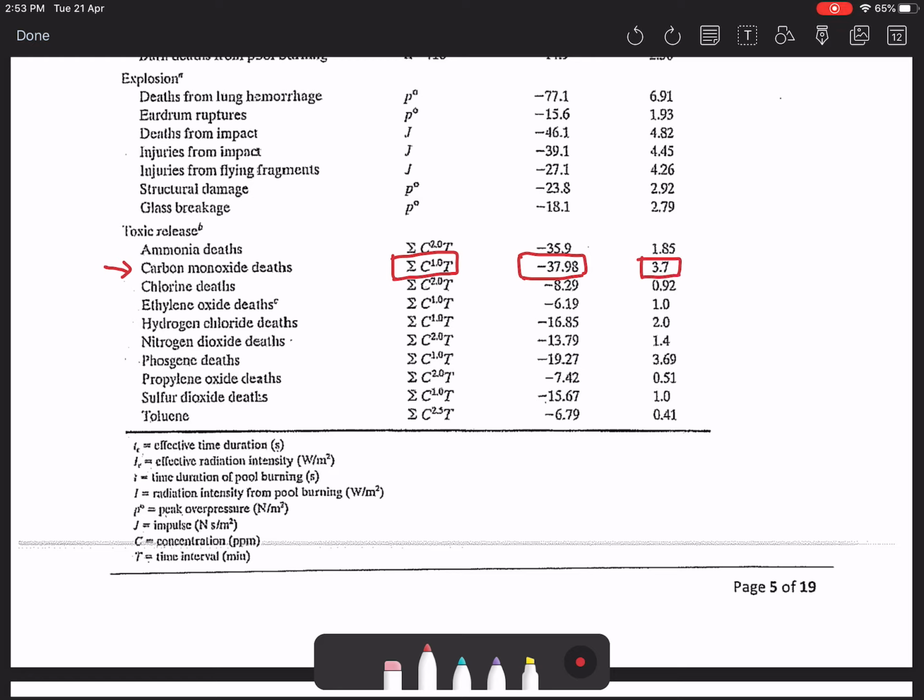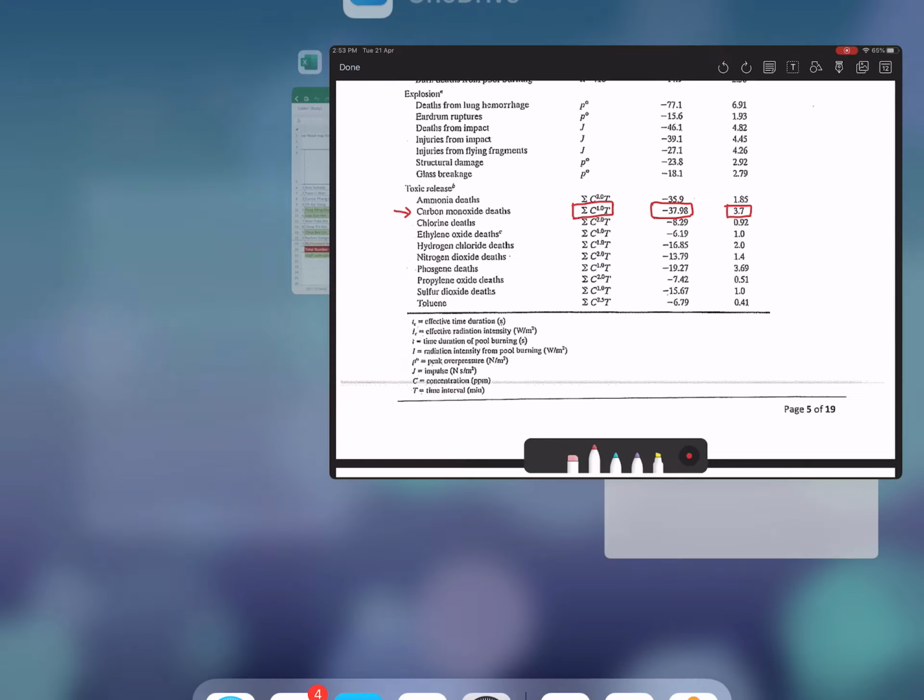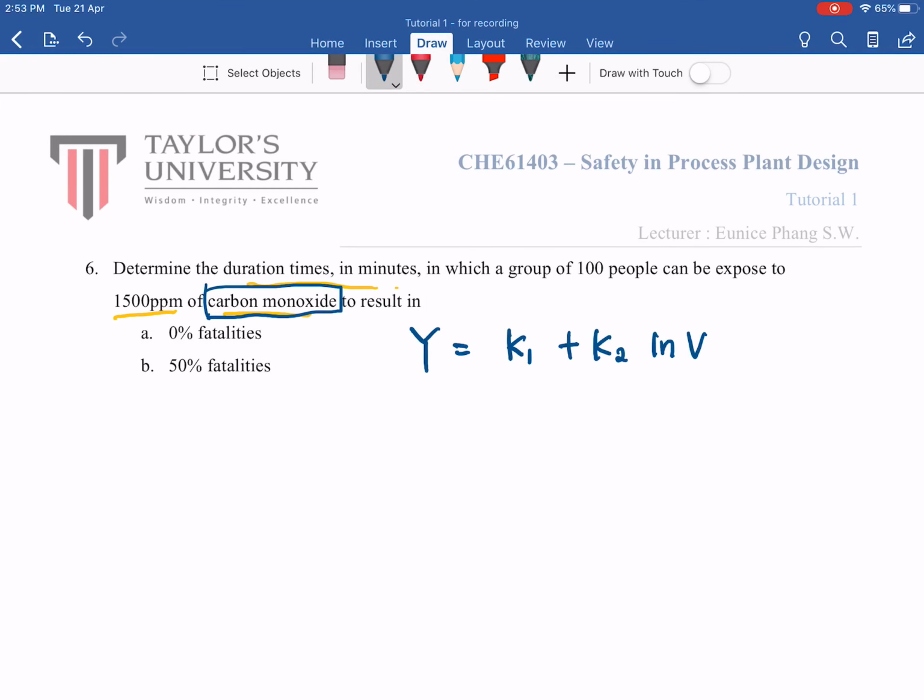So let's translate all this data back to the formula. So we have Y equals negative 37.98 plus 3.7 ln CT. I don't need the summations here since we're talking about a single exposure.